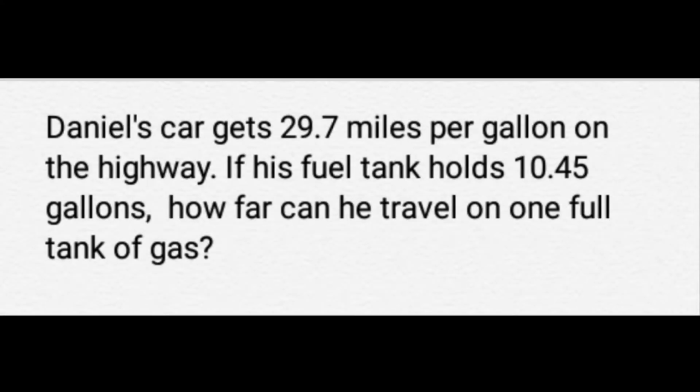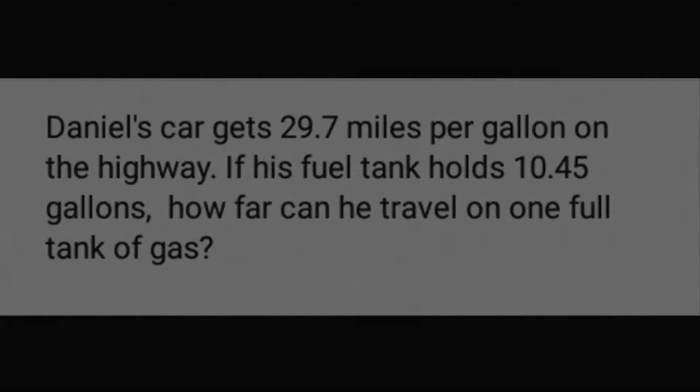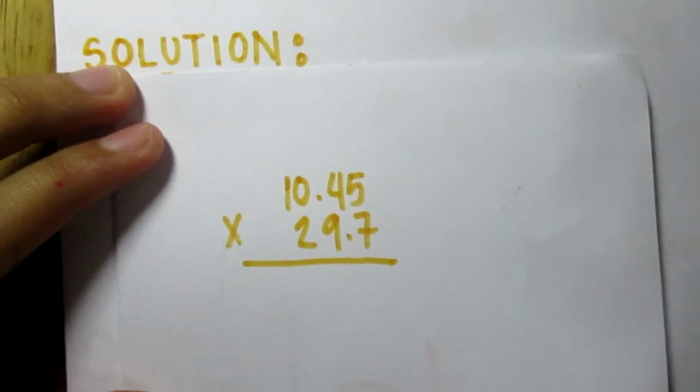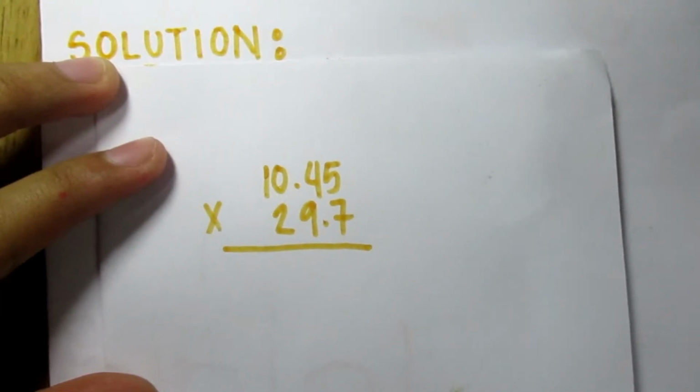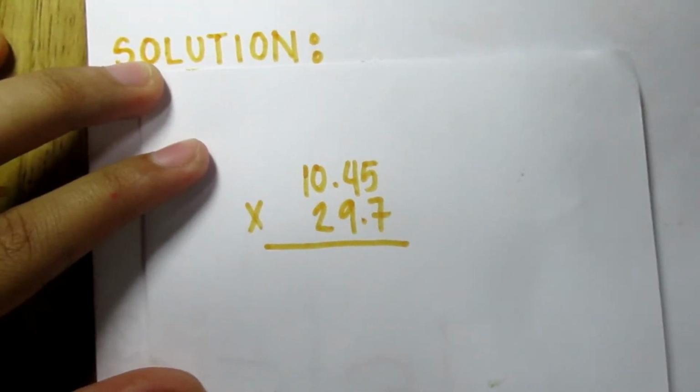Daniel's car gets 29.7 miles per gallon on the highway. If his fuel tank holds 10.45 gallons, then how far can he travel on one full tank of gas? To find the answer, you just simply multiply 10.45 times 29.7.